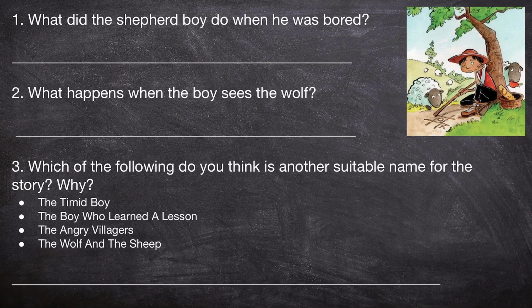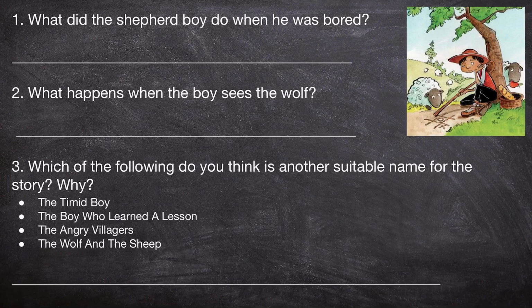Okay, question number 3. And this is the question where you really need to think about how the character changes. Which of the following do you think is another suitable name for the story? Why? So the current title of the story is The Boy Who Cried Wolf.